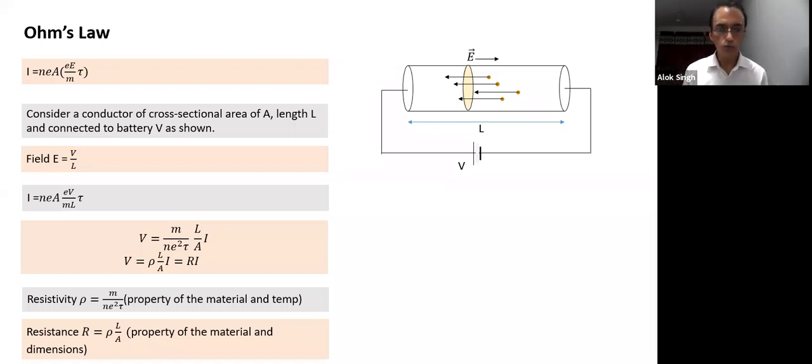After using that equation, we substituted E in the form of potential gradient and got an expression between V and I, where resistance equals rho L by A, rho being the inverse of conductivity, which is m by ne squared tau. So resistance is a combined property of material, temperature, and geometry.